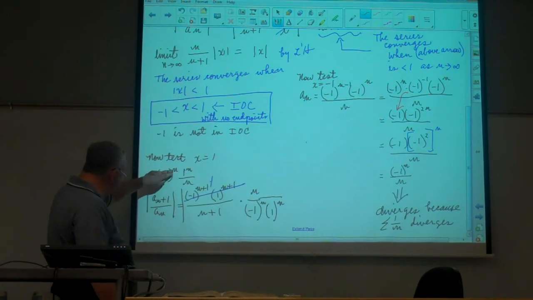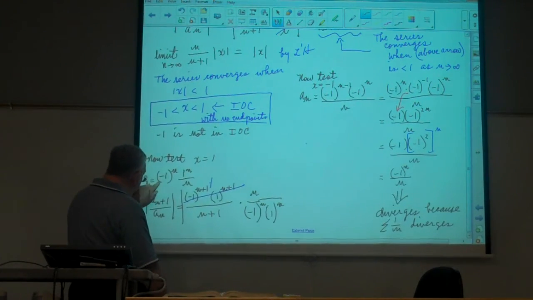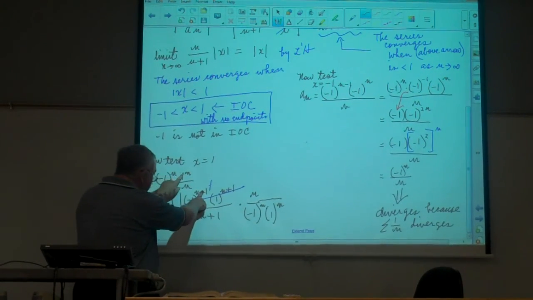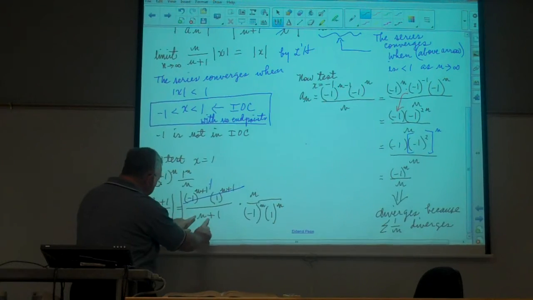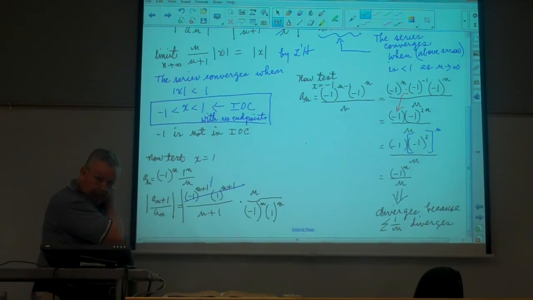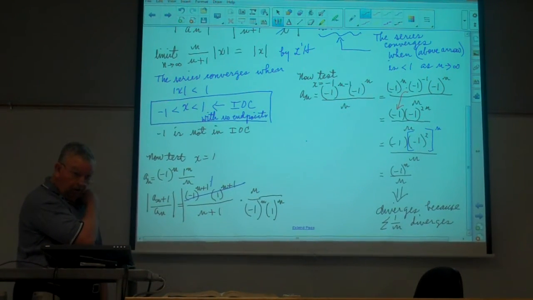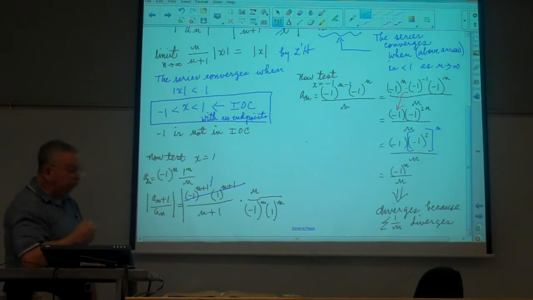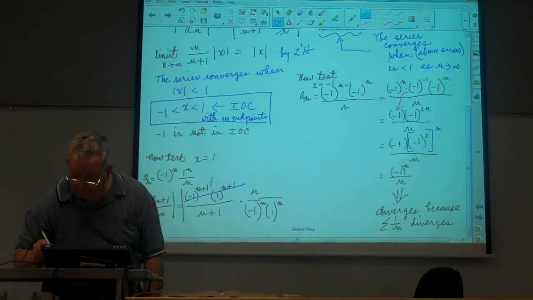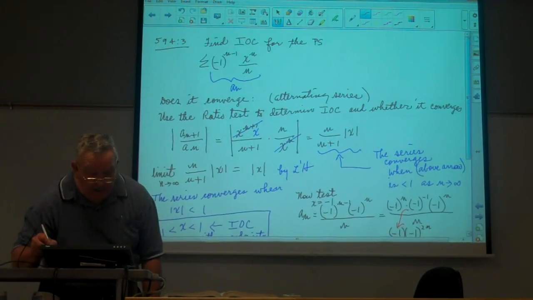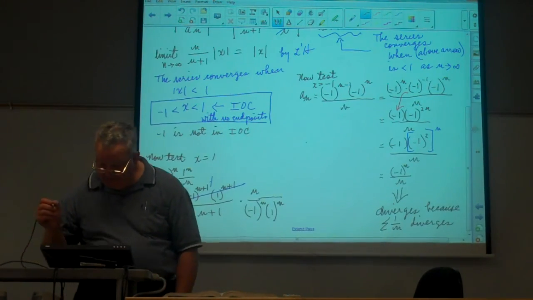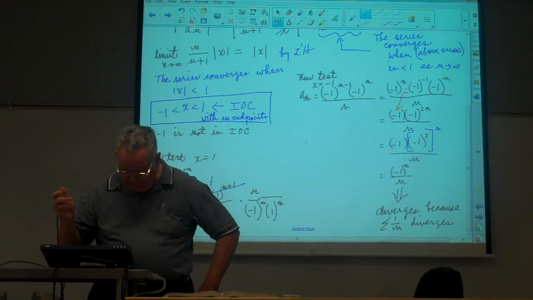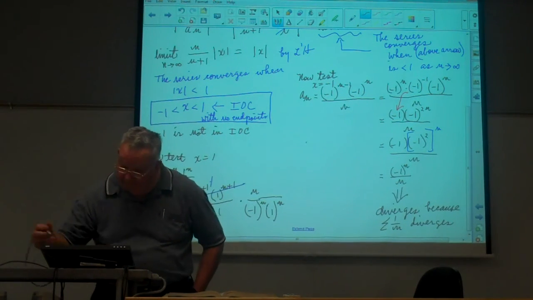I'm trying to add n plus 1 here, so I did minus 1 to the n plus 1, then I did 1 to the n plus 1, and then I did n plus 1 there. What I was saying is the original equation says negative 1 to the n minus 1. Get it? Does it matter?